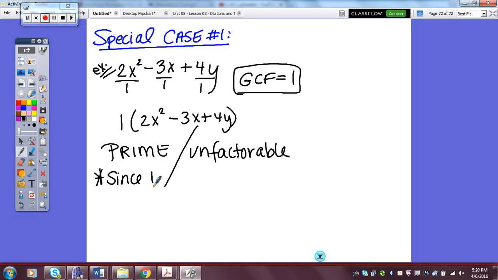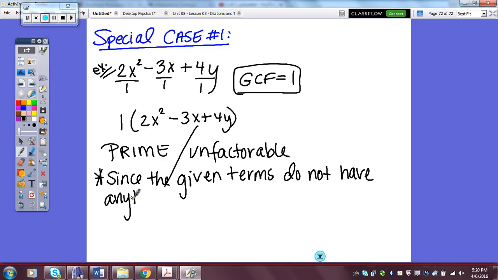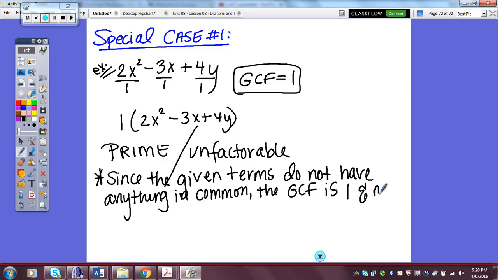Since the given terms do not have anything in common, the GCF is 1, and my answer is prime. Okay? How often do you think this is going to happen? Not very often. But could it happen? Absolutely. So you've got to be careful.